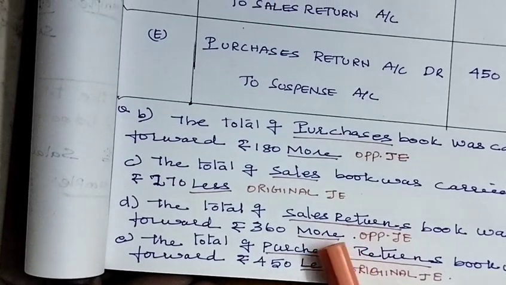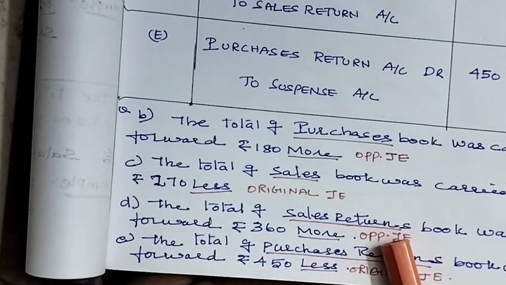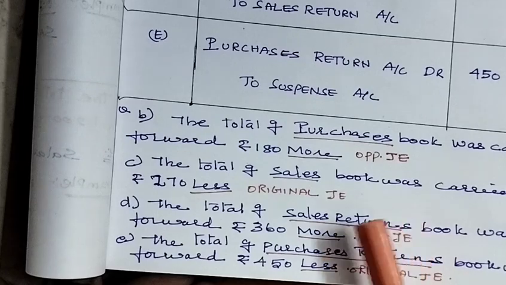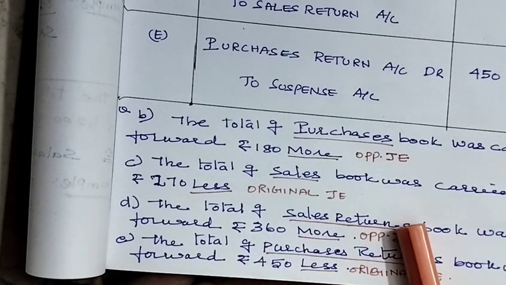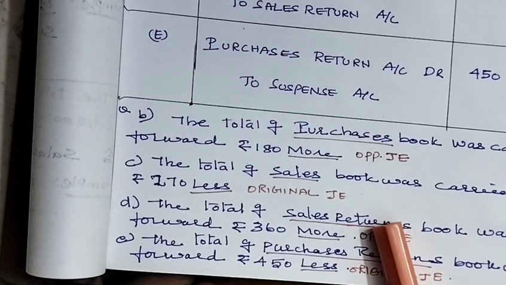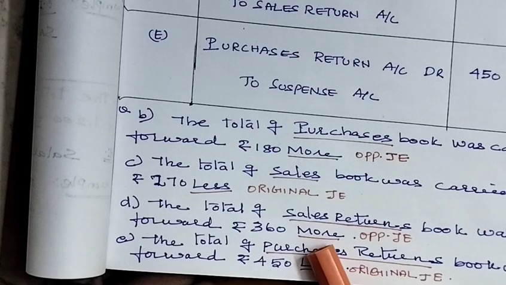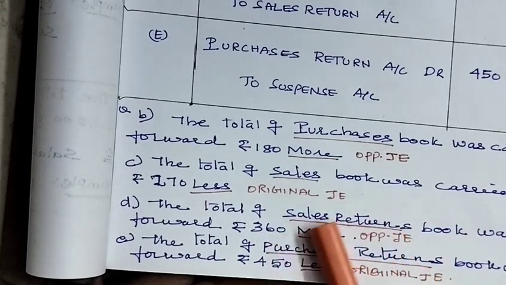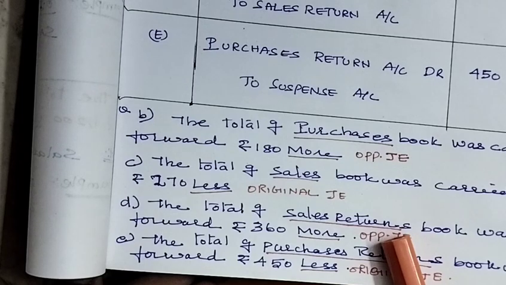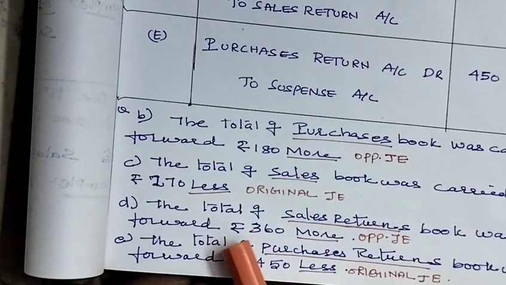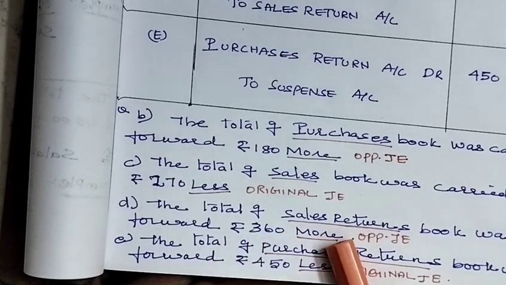So what is the opposite journal entry for the sales return book? Where does the sales return book show? The sales return book always shows on the debit side in the original journal entry, so we have to reverse it. So the opposite journal entry for the sales return book is that the sales return account should be credited. Then only the error will be rectified.